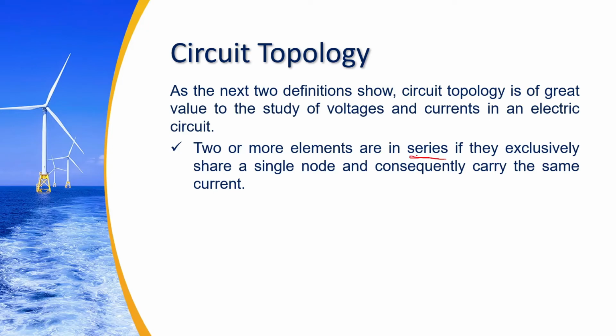Tandaan lang natin na masasabi natin siyang in series kapag nag-share yung two or more elements natin in a single node. So therefore, kapag series sila, meron silang current na similar. Pareho yung current na nag-flow sa kanila.